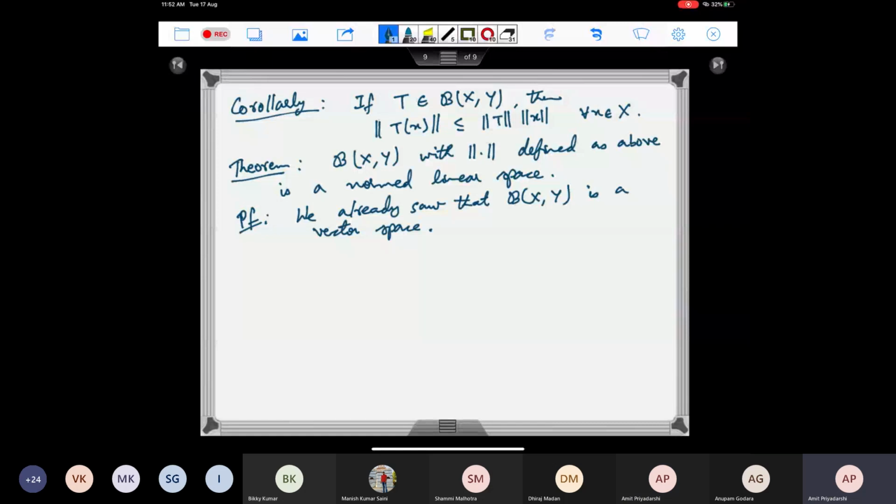So the norm from B(X,Y) to R is indeed a norm.